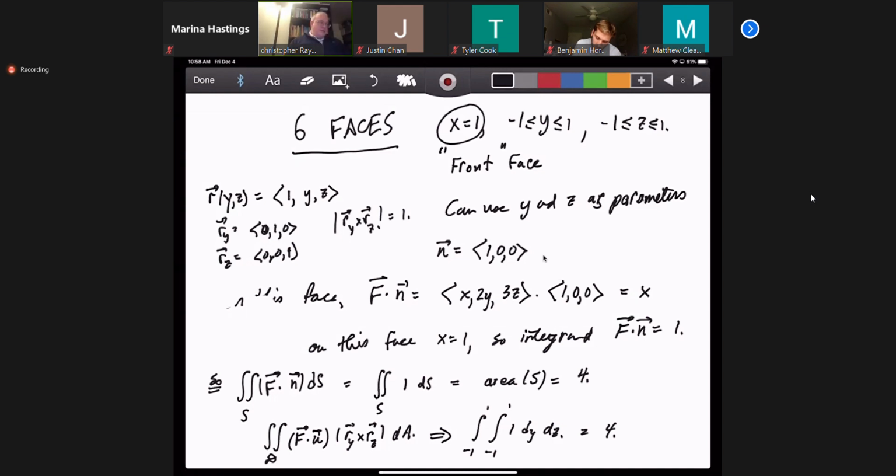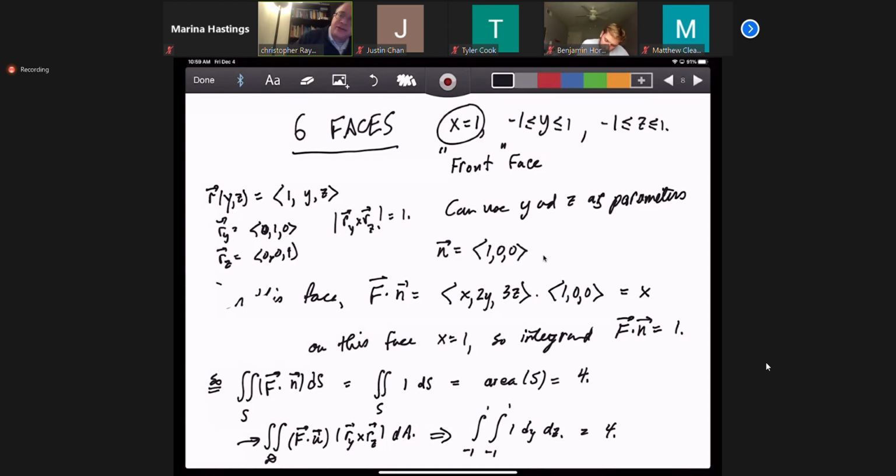All right, so you didn't really need to go here because the surface integral actually was of a particularly simple type. And what you'll find for the other faces in this problem is that you're going to be integrating a constant on each of the faces. So you don't actually really need to go to the integrals over the parameter spaces.